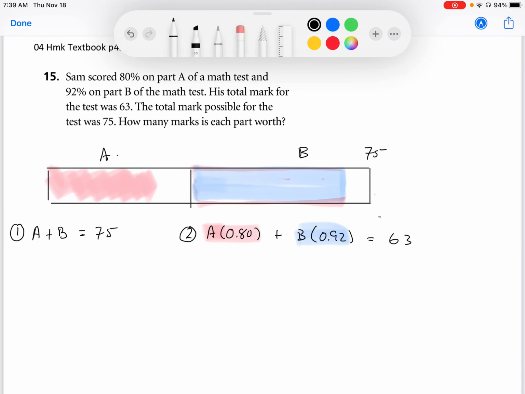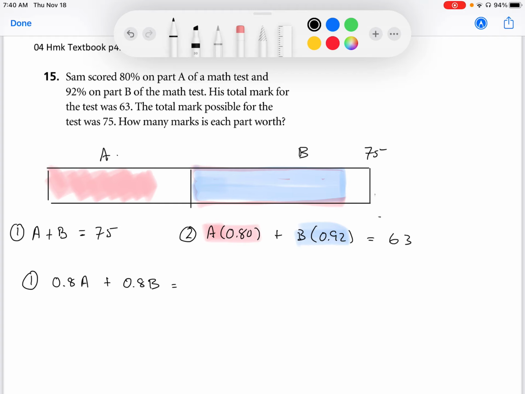So what I can do is I can either substitute or subtract to solve this equation. Now I'm going to just match the coefficient of 0.8. So I'm going to multiply equation number 1, I'm going to multiply both sides by 0.8. I get 0.8a plus 0.8b, and 80% of 75 is, if I'm not mistaken, that's going to be 60.